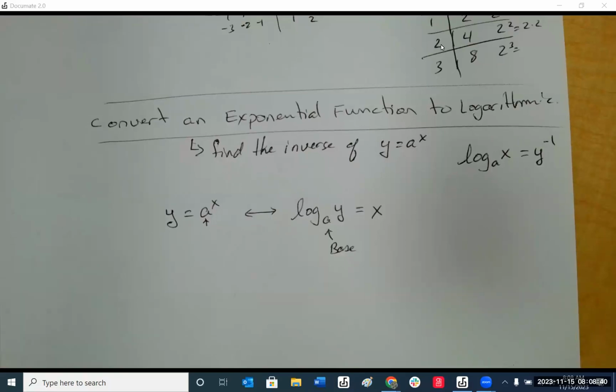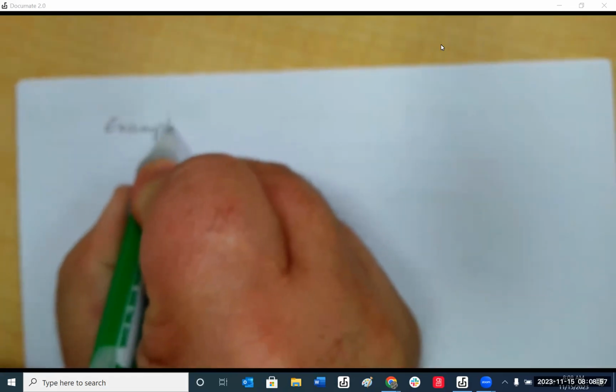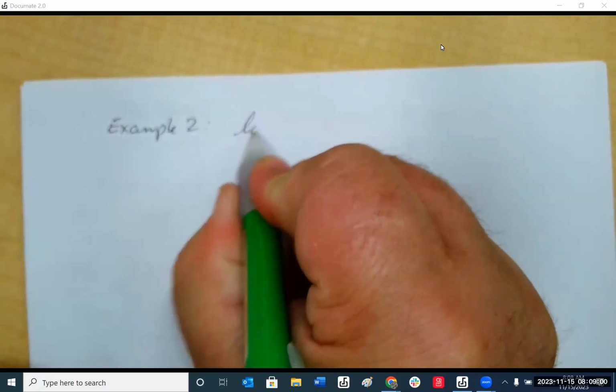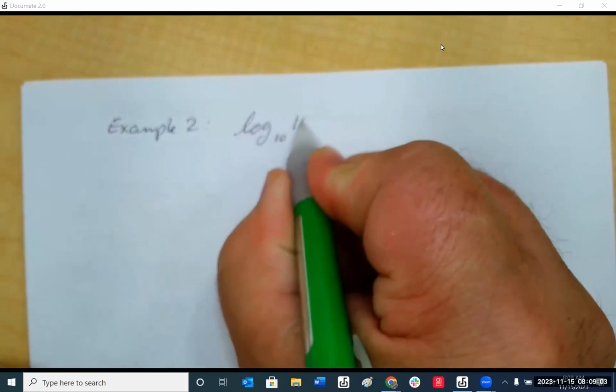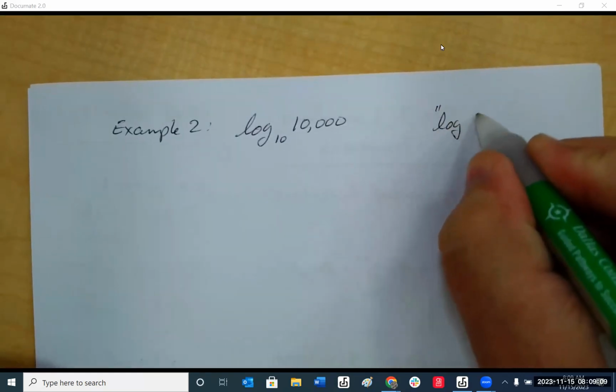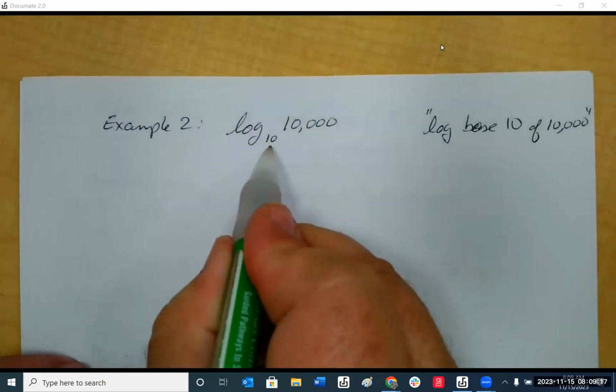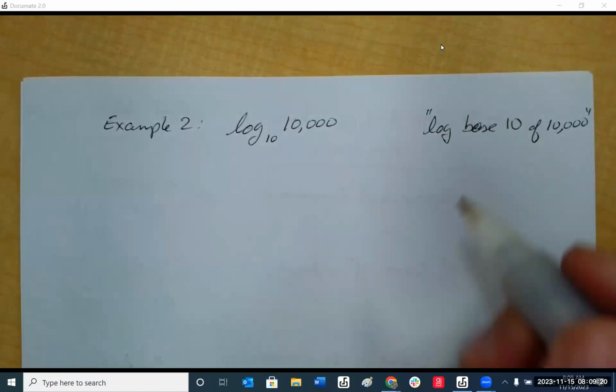All right. Let's look at an example here. Example 2. This is read log base 10 of 10,000. Log base 10 of 10,000 equals whatever it equals.